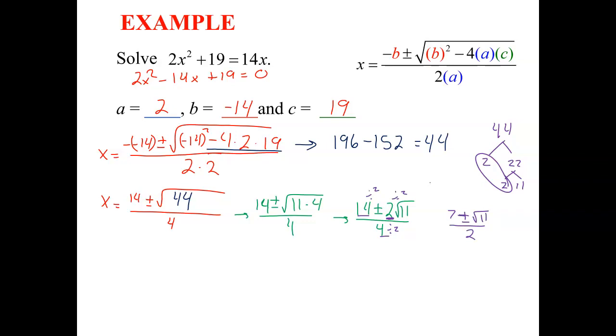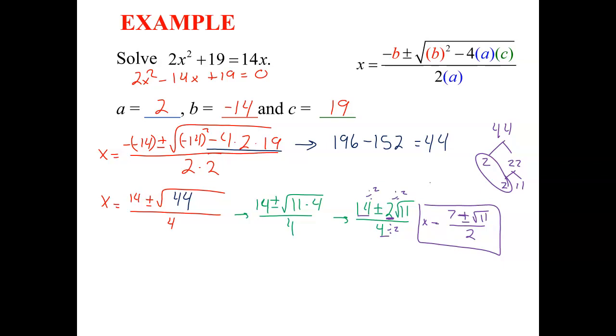If we have complex numbers, then there's an additional thing that we have to look at. But as far as real numbers go, we can just leave it as that fraction, 7 plus or minus the square root of 11. You need to make sure that you can simplify it, though. All three terms have to have a common factor in order to simplify it.